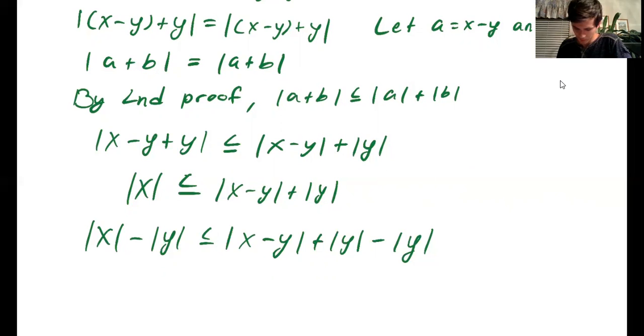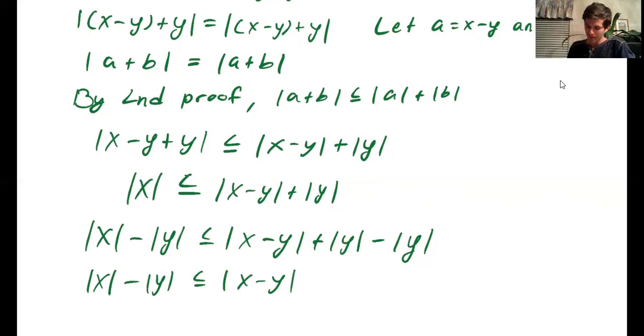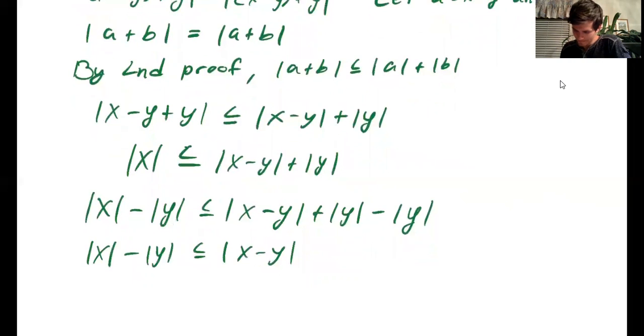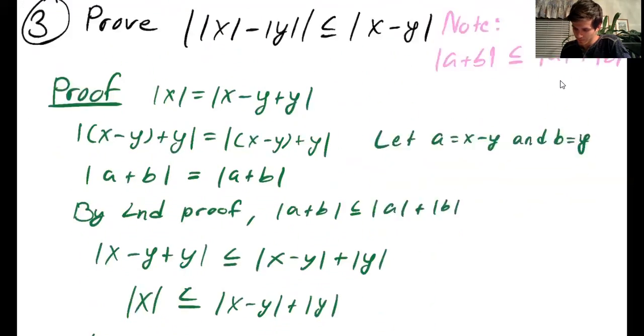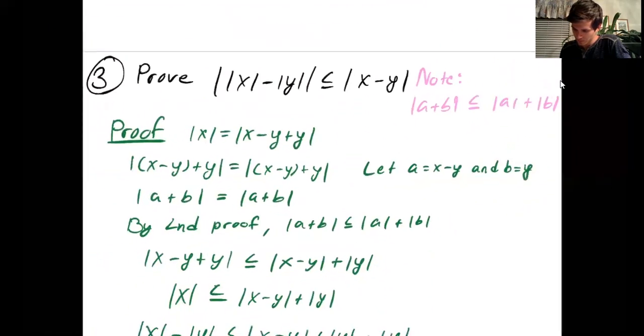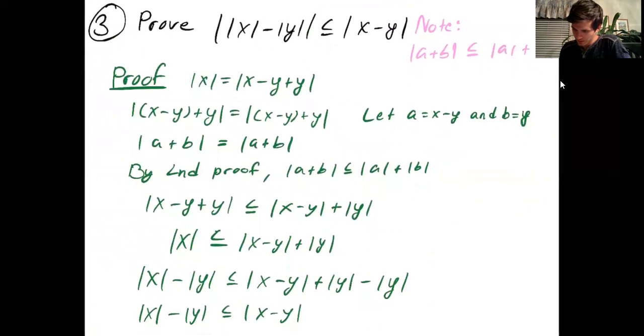Okay, and we're completely fine. We're just subtracting y on both sides, and we're going to keep the left-hand side the same. And notice that over here we have just x minus y. We are very close to the end here. Remember, we were just trying to prove that the absolute value of the absolute value of x minus the absolute value of y is less than or equal to the absolute value of x minus y.